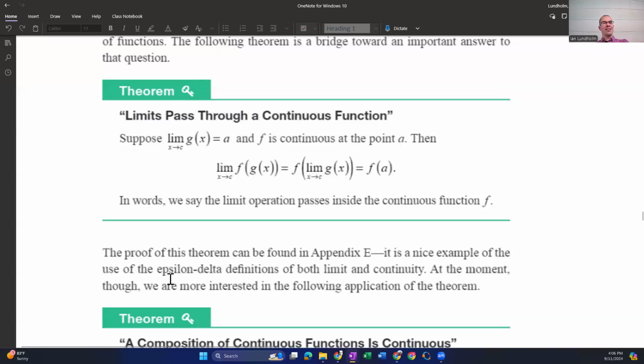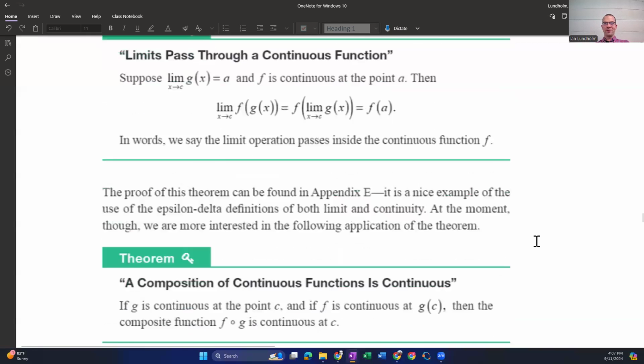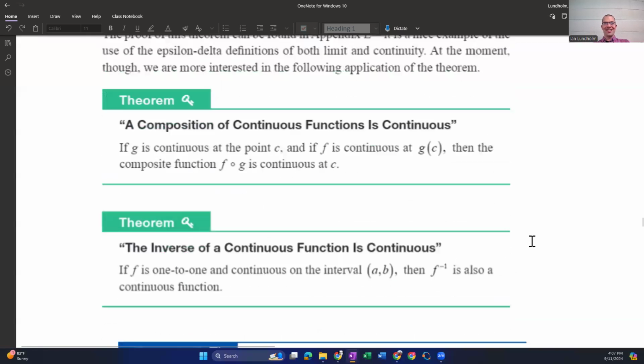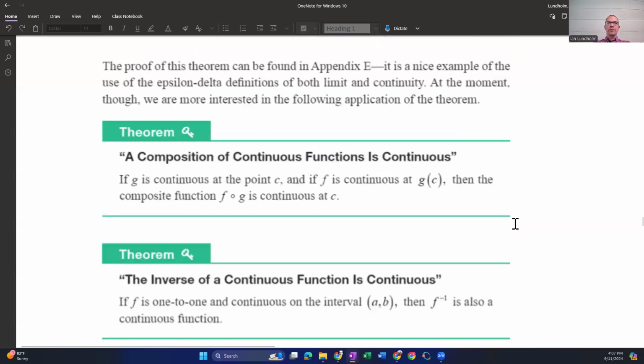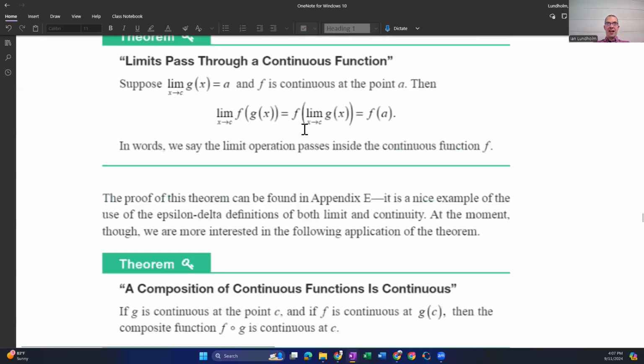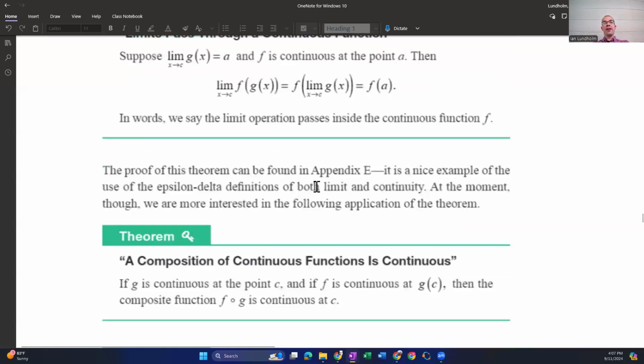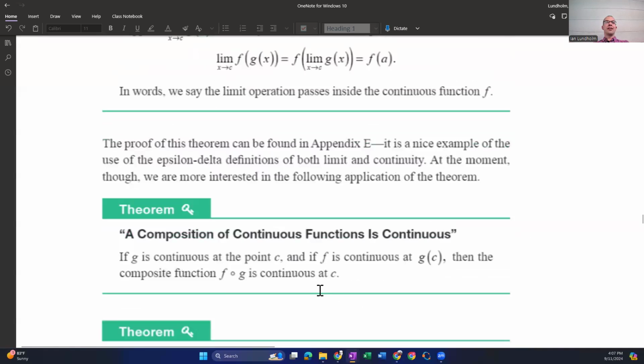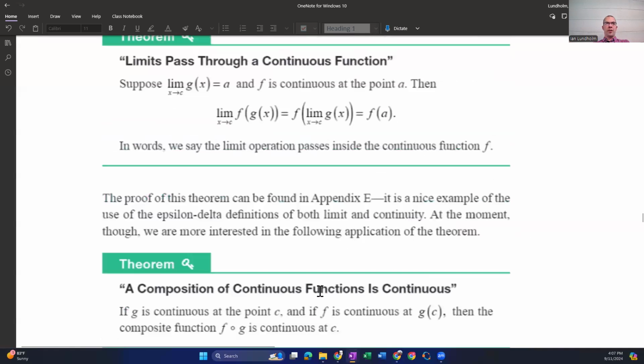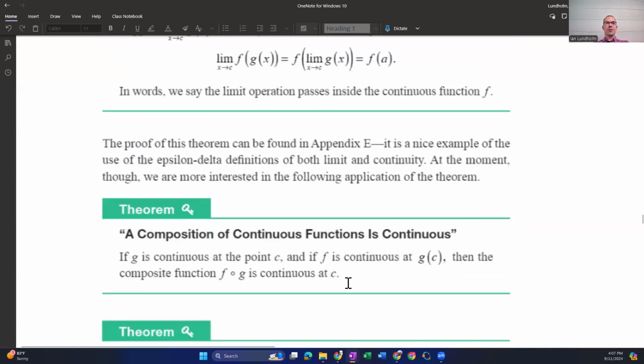And again, if you wanted to see epsilon delta definitions here, back in Appendix E, there's a cool proof of this theorem. But not for us. That's okay. Two more quick theorems. A composition of continuous functions is continuous. So if both g and f are continuous everywhere in the domain that you're working with, then you're going to be fine, and we would know that a composition of continuous functions is continuous.